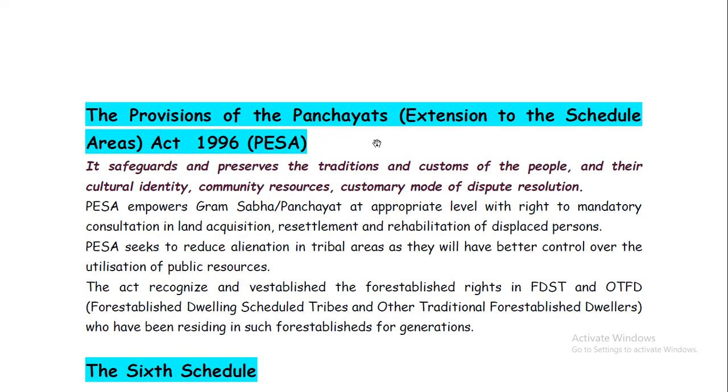So what does PESA actually do? PESA safeguards and preserves the tradition and customs of the people and their cultural identity, community resources, and customary mode of dispute resolution. PESA empowers the Gram Sabha or Panchayat at the appropriate level with the right to mandatory consultation in land acquisition, resettlement, and rehabilitation of displaced persons.